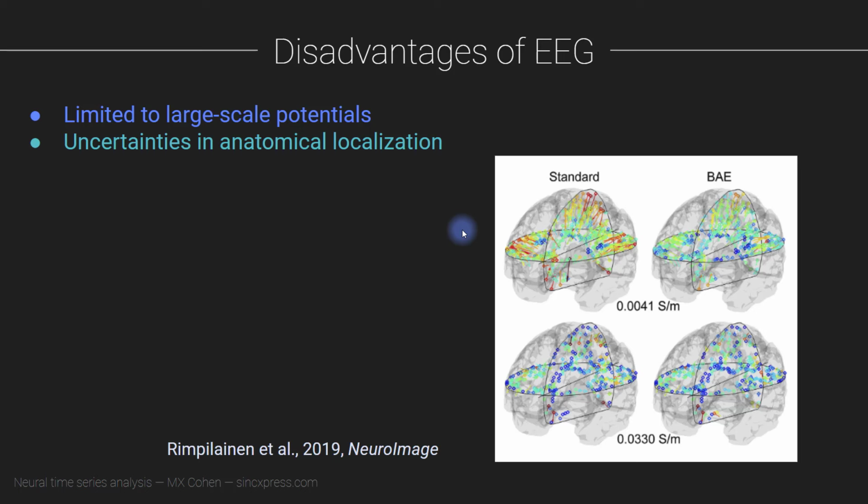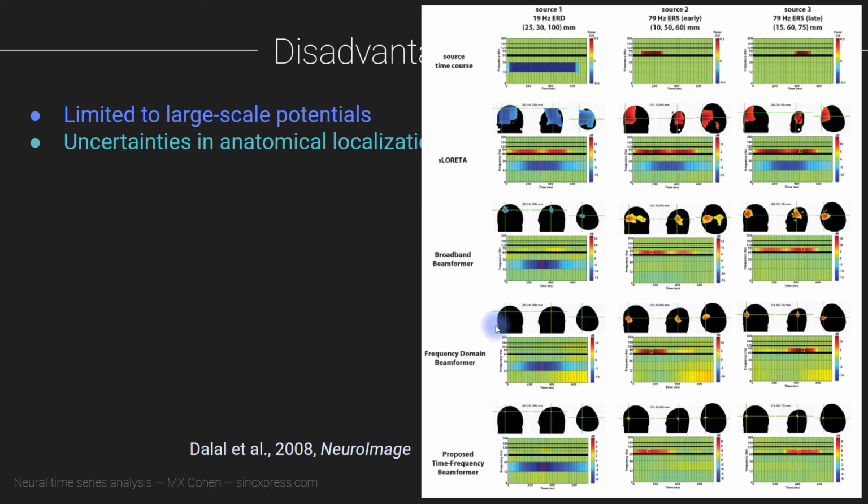And there are mathematical methods to estimate a spatial distribution of activity that might have produced the observed distribution of EEG activity. However, there's a lot of uncertainties in this kind of anatomical localization. And I'm actually not going to get into this issue in this course. And that's mainly because there's already so much rich information in the temporal and spectral and spatial information in the EEG that we don't necessarily need to estimate the physical location of the brain signals.